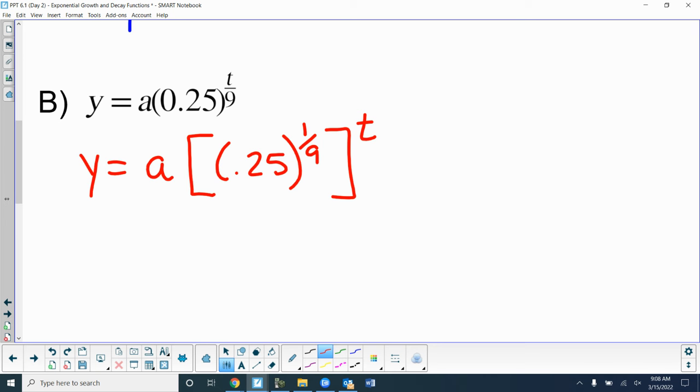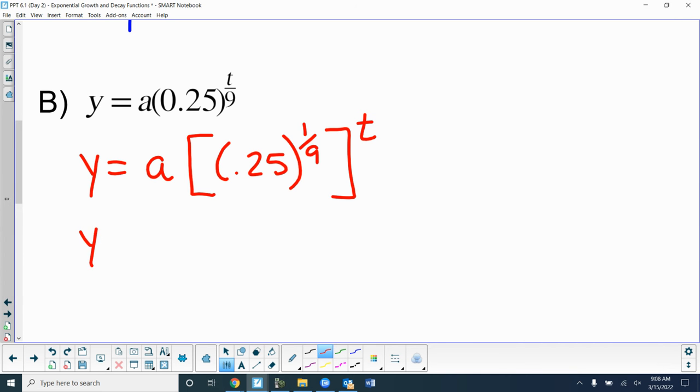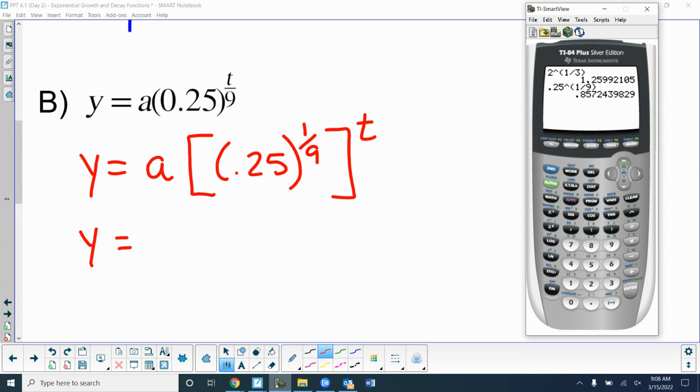So what is 0.25 to the 1/9 power? 1 divided by 9. So it's 0.8572.